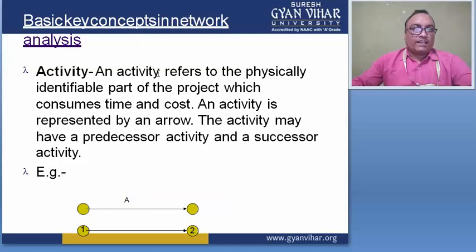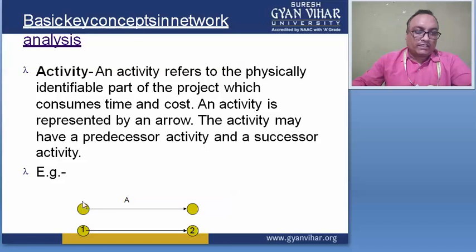An activity is represented by an arrow, and it may be a predecessor activity or a successor activity. This means the activity is divided into two parts: one is the successor and the second is the predecessor. These two kinds of activity are represented by this diagram.